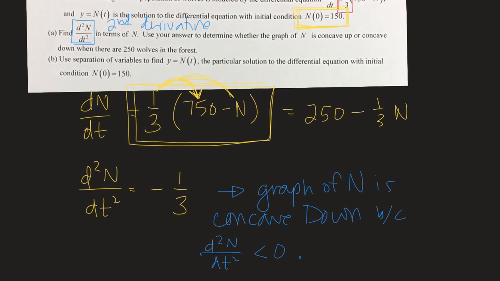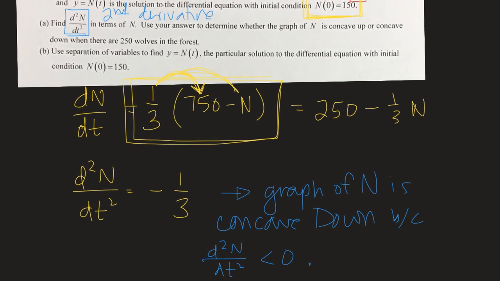So our rate of the wolf population is growing, but just at a slower rate, right? So we're not getting as many wolves as fast as we were before. The wolf population is still increasing, just not increasing as fast.